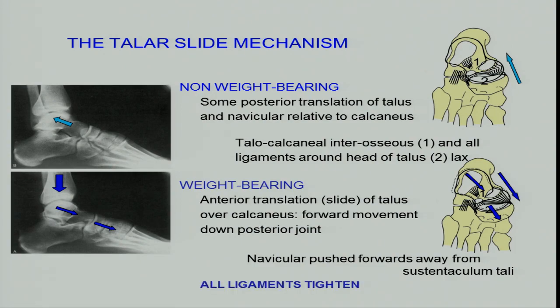So the problem was solved as far as we were concerned. The calcaneo-cuboid ligaments were tight all the time, throughout the range of movement of these three joints. The talo-calcaneal joint, the peripheral ligaments, remained tight all the time, and only the interosseous became slack with non-weight bearing in a supinated midfoot position.